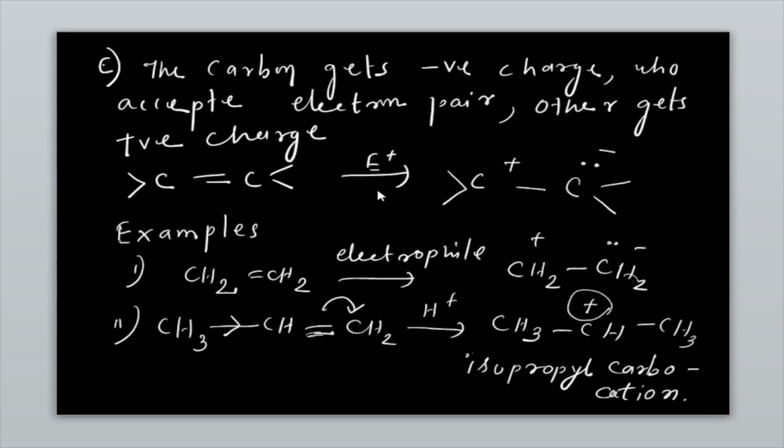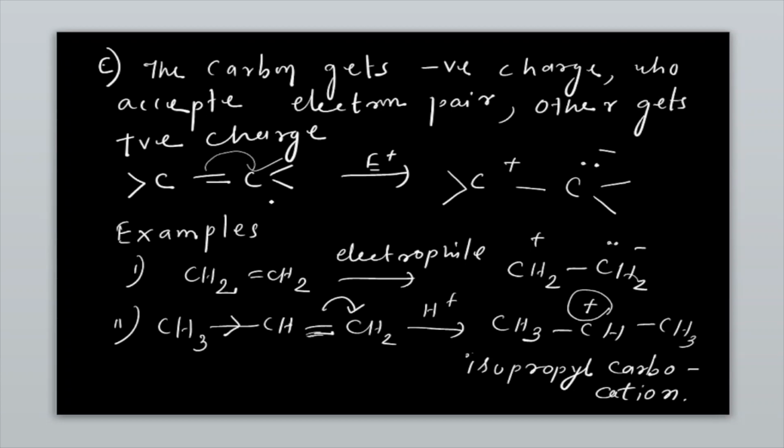This is the carbonium ion, and the other side is negative, having 2 electrons more. Here E plus is attached, and the electron transfer is from this side to this side.